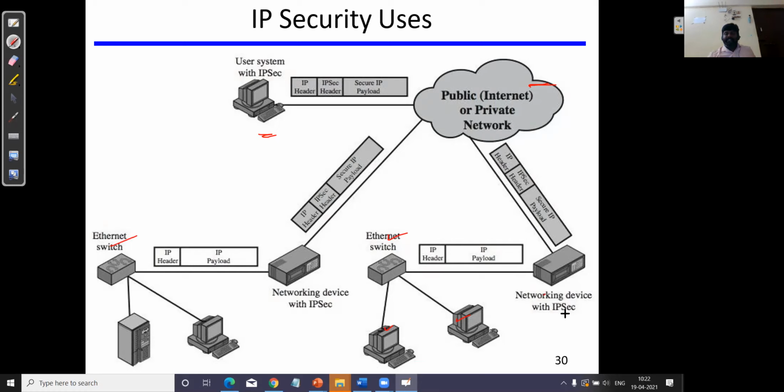The networking devices with IP security: see here, this is the actual packet which you are transmitting, the IP payload. Payload is the data, the message which you are transmitting, and then the IP header.